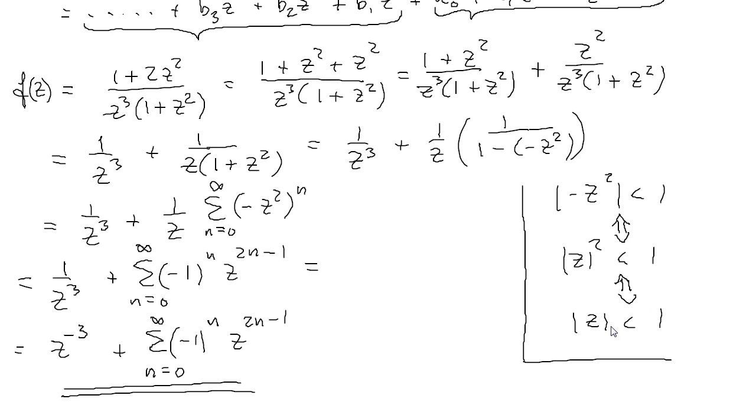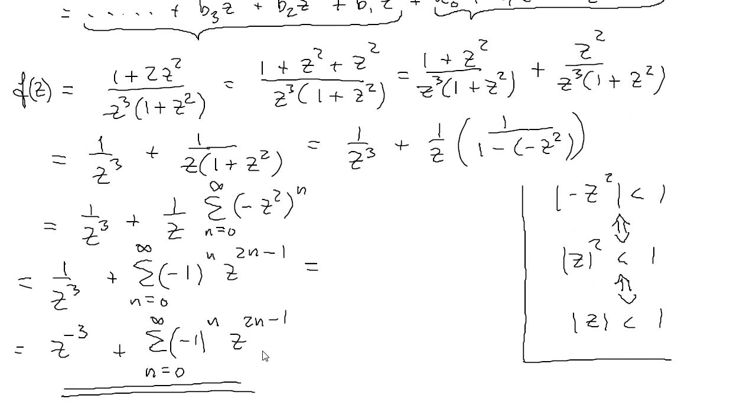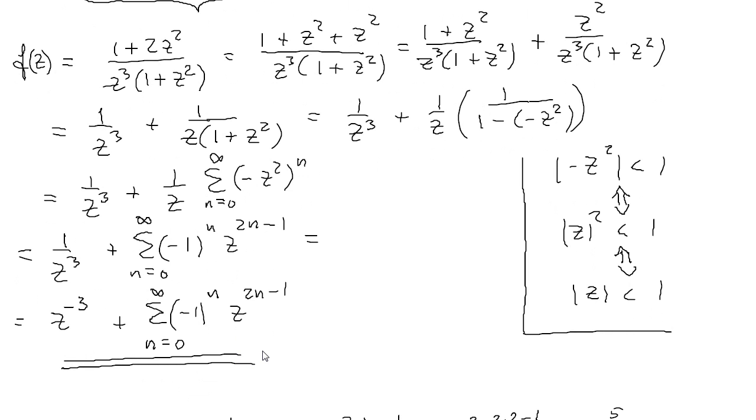So the absolute value of z must therefore be less than the square root of 1, which is only 1. Note that we also should have that this z is larger than 0, because otherwise we obtain some problems here. z to the power of minus 3 goes to infinity when z goes to 0, so it's not analytic at this point.